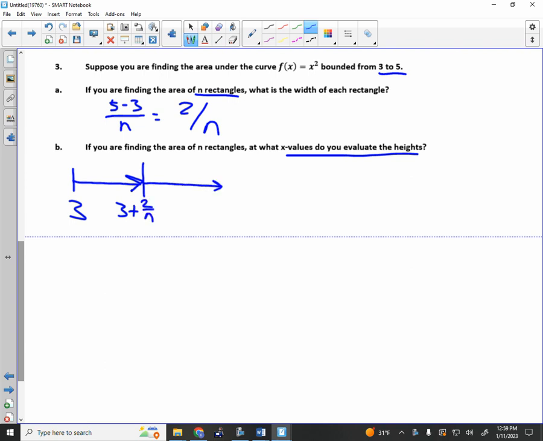And then the next spot is going to be 3 plus 2 over n times 2. So this is times 1. That'll be times 2, right? And then the next spot will be 3 plus 2 over n times 3, so on and so forth, right? We're going to continue to advance another width every time, aren't we?